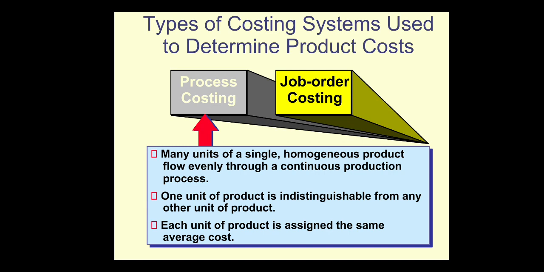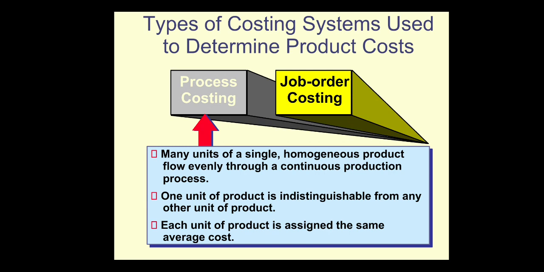A business that produces many units of a single homogeneous product flowing evenly through a continuous production process should use the process costing system.